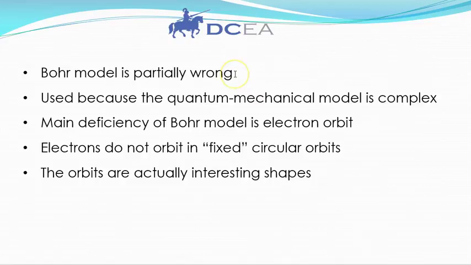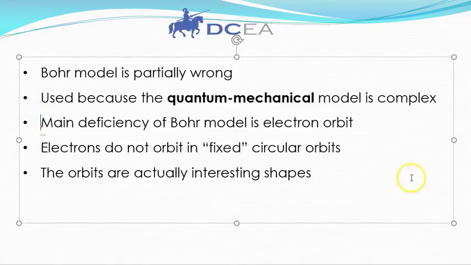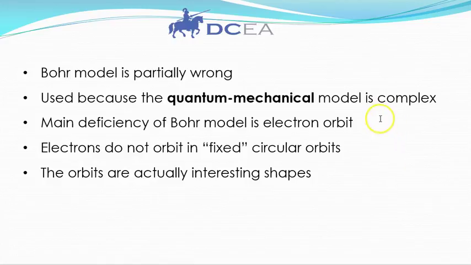In actuality, the Bohr model is partially incorrect. It's used because the quantum mechanical model that is actually used in science now is extremely complex. It's so complex that most people cannot do the math behind the quantum mechanical model.